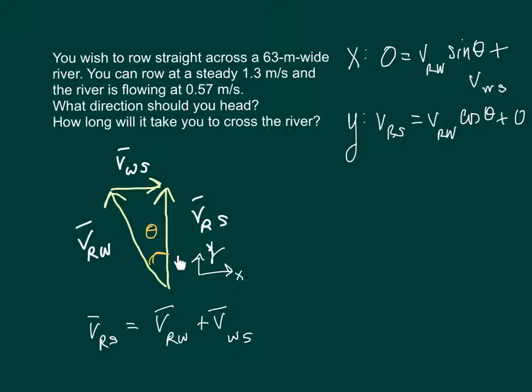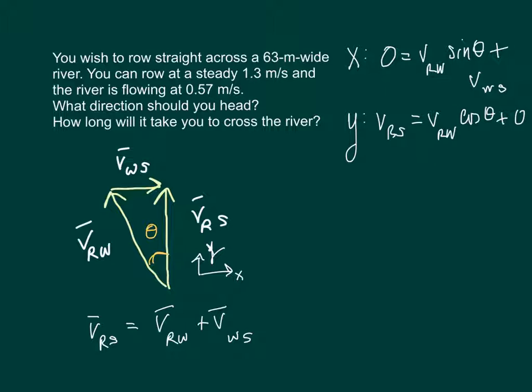And you can see this is the adjacent over the hypotenuse, so we have the magnitude v of the rower in the water multiplied by the cosine. And then finally, the y component of the current is 0. The current is all in the x direction. So now we have two equations and we're able to solve the problem.